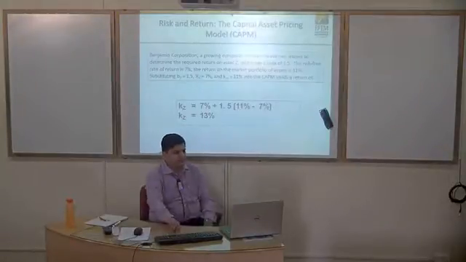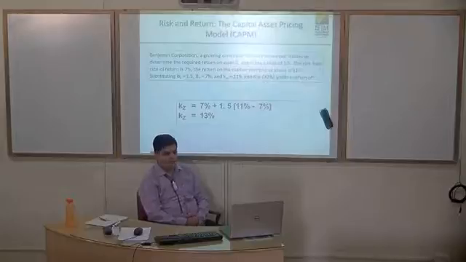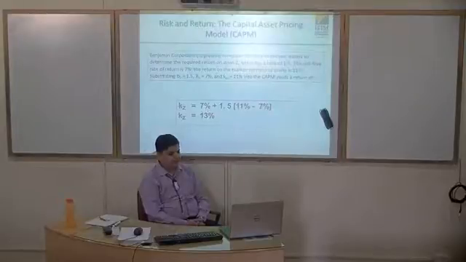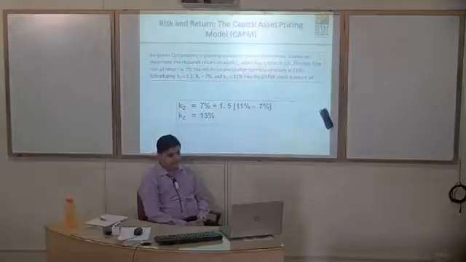So the capital asset pricing model, this is an example of how we go about calculating and understanding the model. Benjamin Corporation, a growing computer software developer, wishes to determine a required return on asset Z, which has a beta of 1.5. The risk-free rate of return is 7%. The return on the market portfolio of assets is 11%.